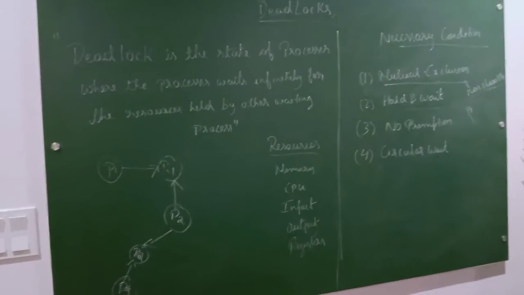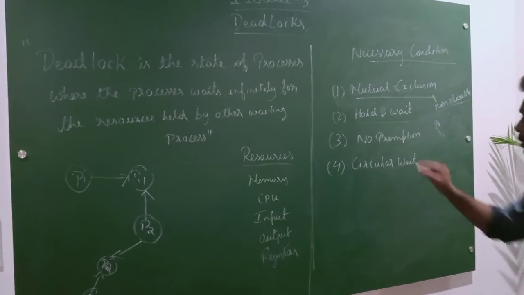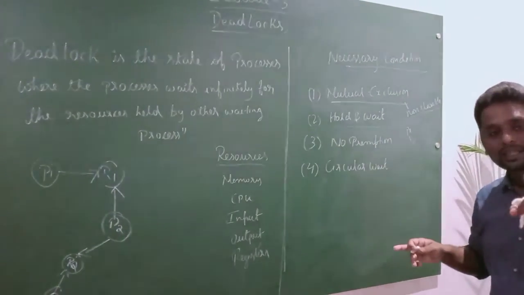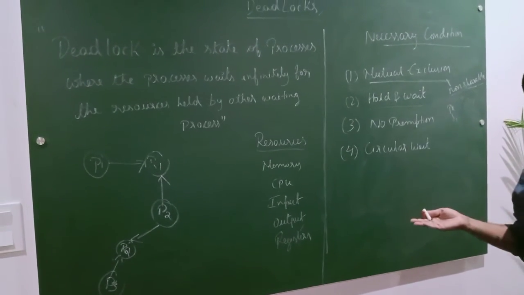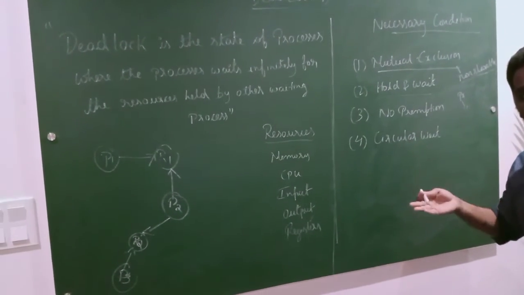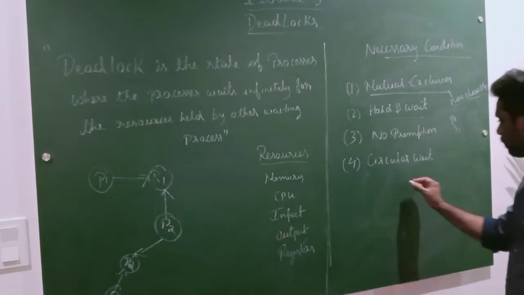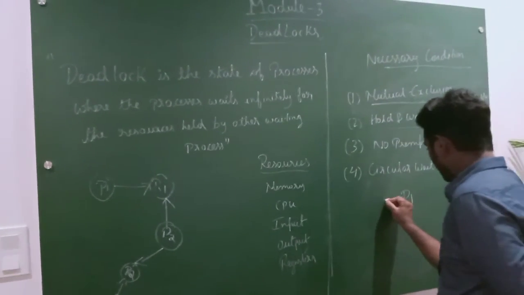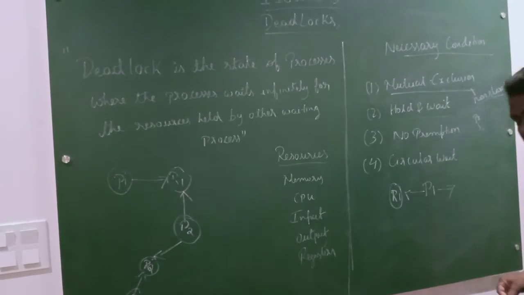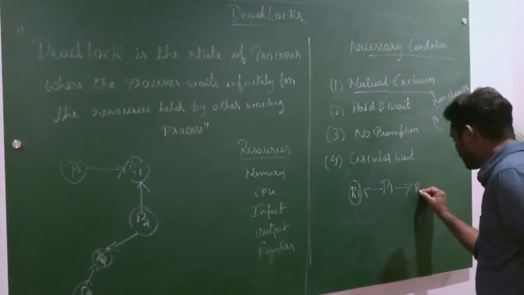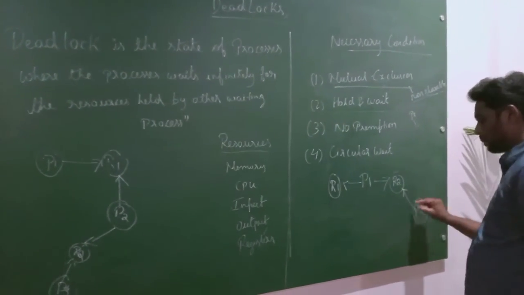The second one is hold and wait. The name itself indicates hold and wait. A process must be holding at least one resource and waiting to acquire an additional resource that is currently held by some other process. Suppose P1 is holding at least one resource and is waiting for one more additional resource, and that is being held by some other waiting process.